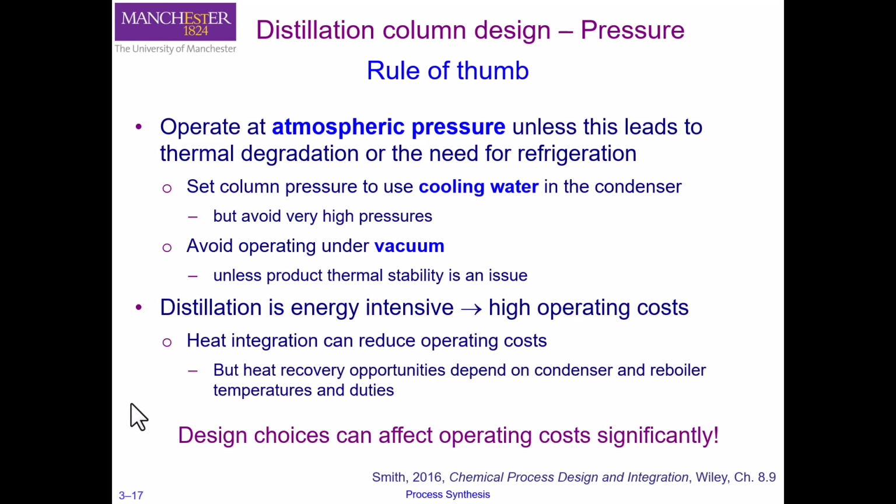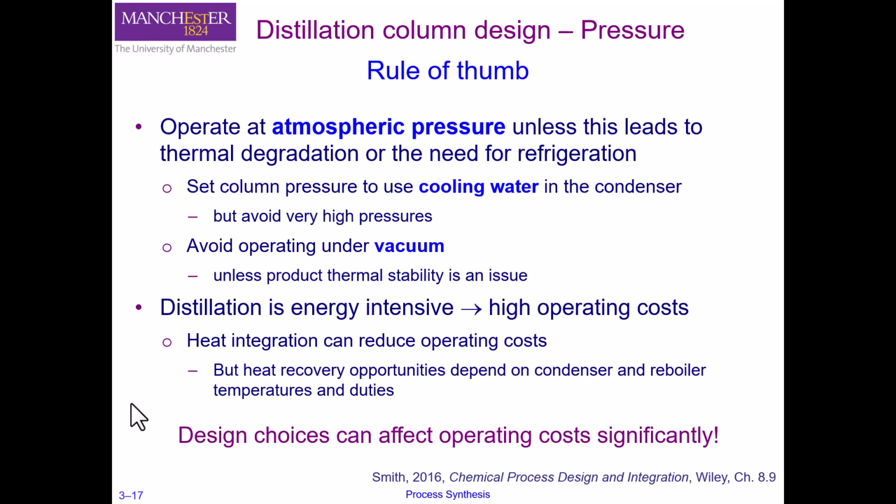In general, we pay attention to the energy consumption of distillation columns because they are energy intensive, and their operating costs can contribute significantly to the overall operating cost of the plant. We also look out for heat recovery opportunities, or as designers, we create heat recovery opportunities, which we will see in chapter 4 and chapter 5.